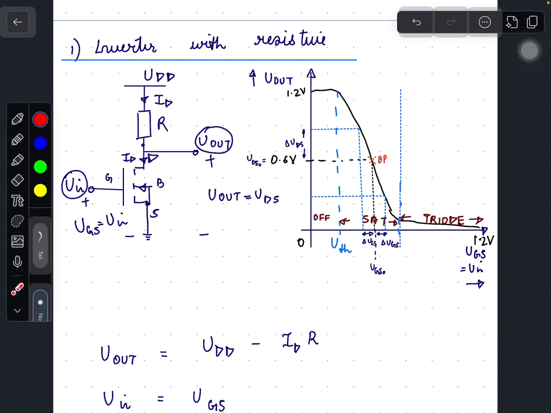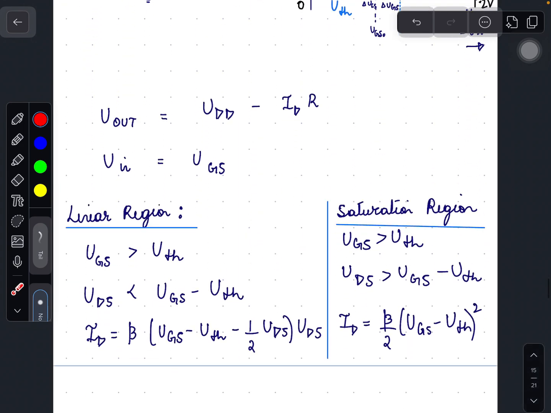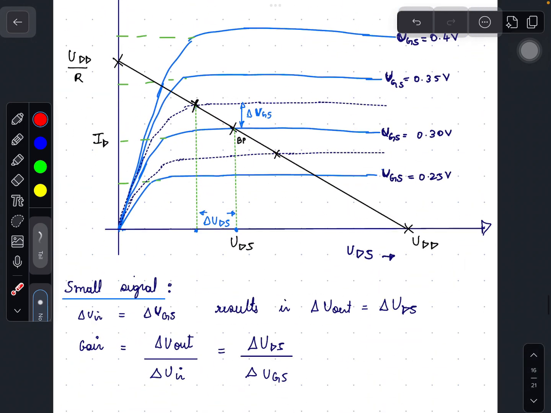And when we apply a small signal, that is delta UGS, there will be an output voltage change, which is called delta UDS. So the gain is given by output voltage by input voltage, that equals delta UDS by delta UGS.